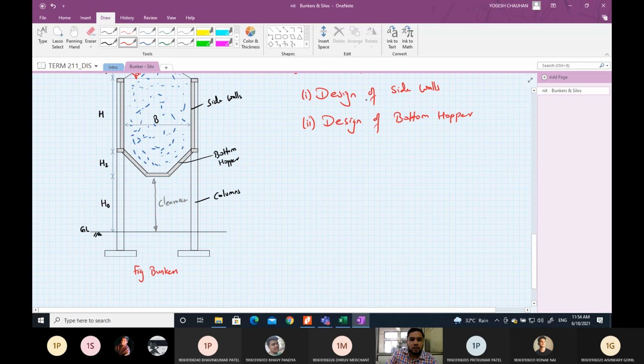So the side walls are designed for the pressure from the materials inside it, and for which we use Rankine's theory.